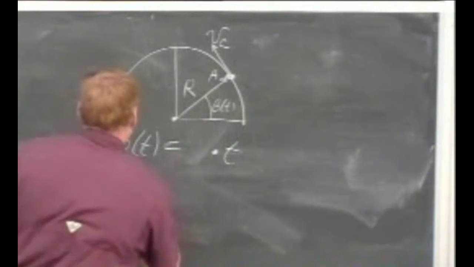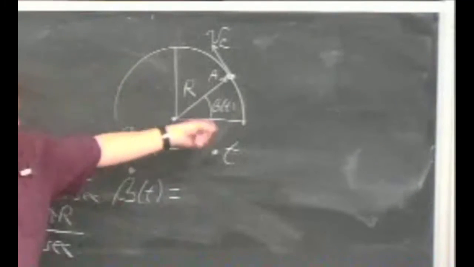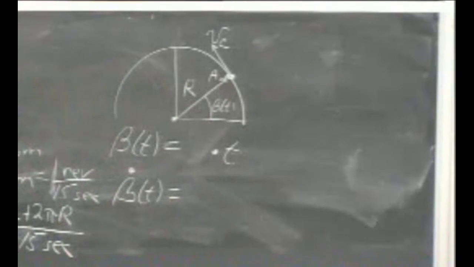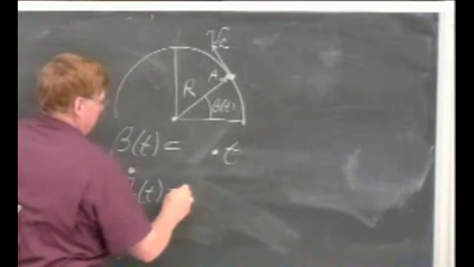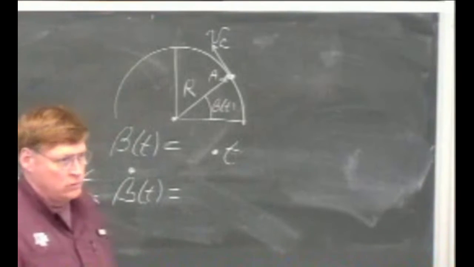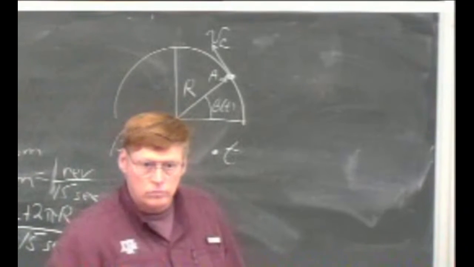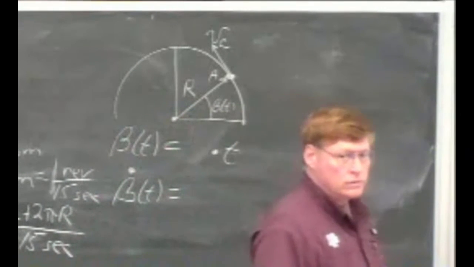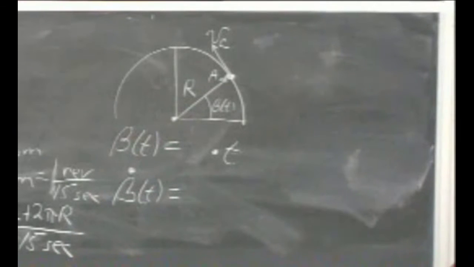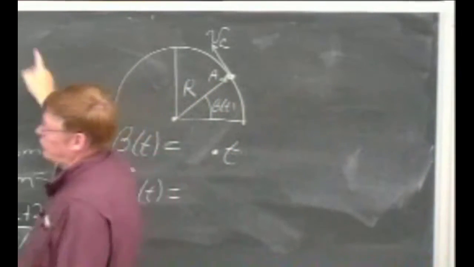How fast does this angle change with respect to time? How do I take this tangential velocity for a circular path and translate it to an angular velocity? That's what we're trying to figure out, okay? You need to know how much this angle changes with respect to time when you're in zone 2.